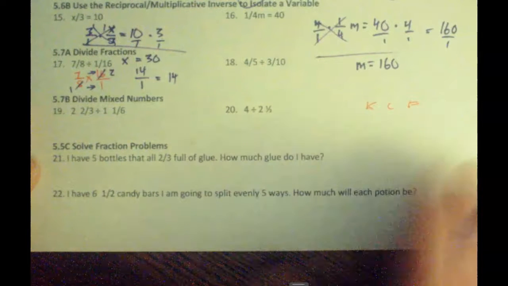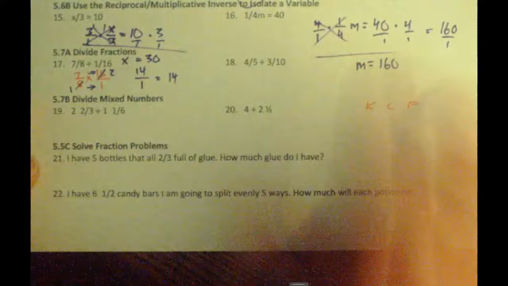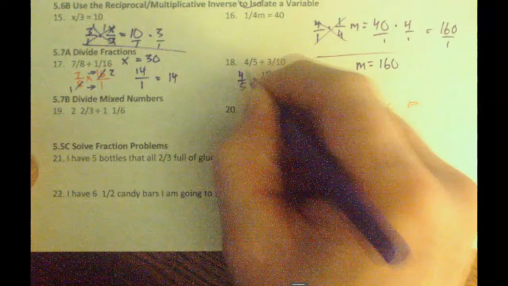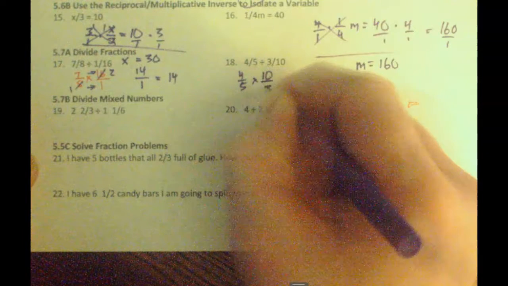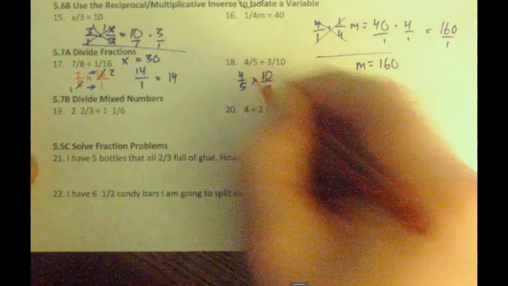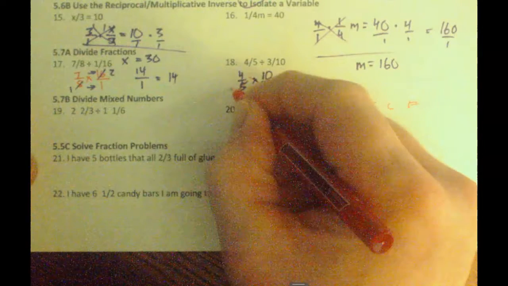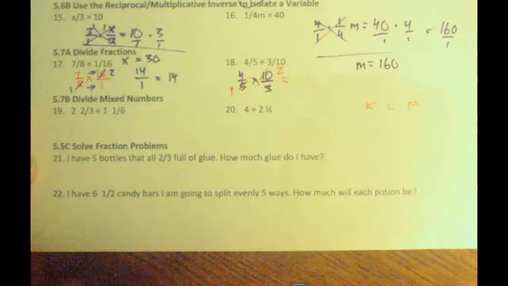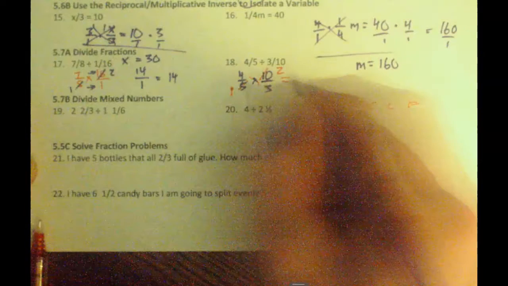Okay, so then we've got 4/5 divided by 3/10. Again, we're going to keep this one, 4/5. We're going to change that sign, and we're going to flip this one upside down. Keep it, change it, flip it. Well, I can't do anything with the 4 and the 3 going this way, but I can divide this one by 5, which is 1. I divide this one by 5, which is 2. So when we multiply across, we have 4 times 2, which is 8.